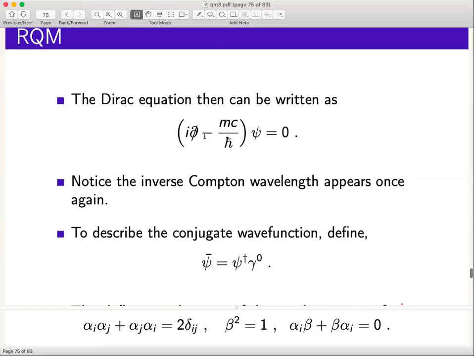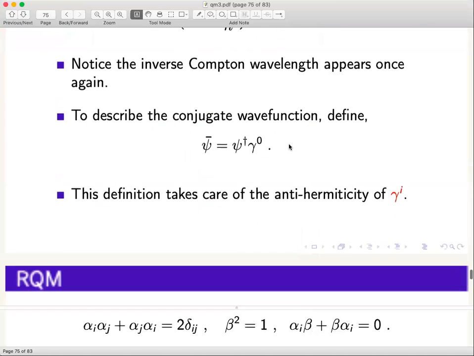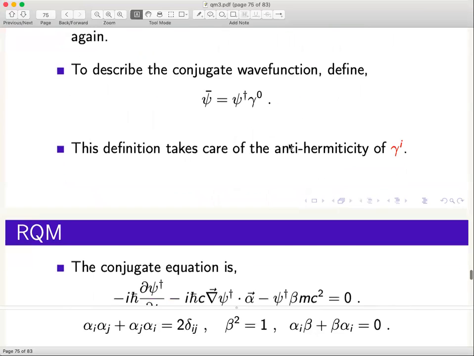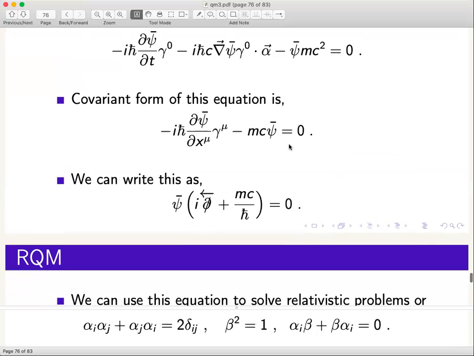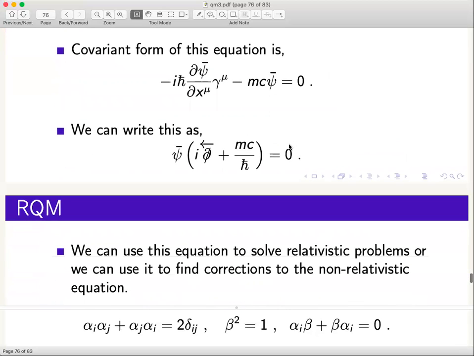It is i del slash minus mc upon h bar, whereas that one is i del slash plus mc upon h bar. In this case also you will find in many places the notation having an arrow pointing to the right, indicating that this operator is acting on the right. There are some books which meticulously keep track of this.